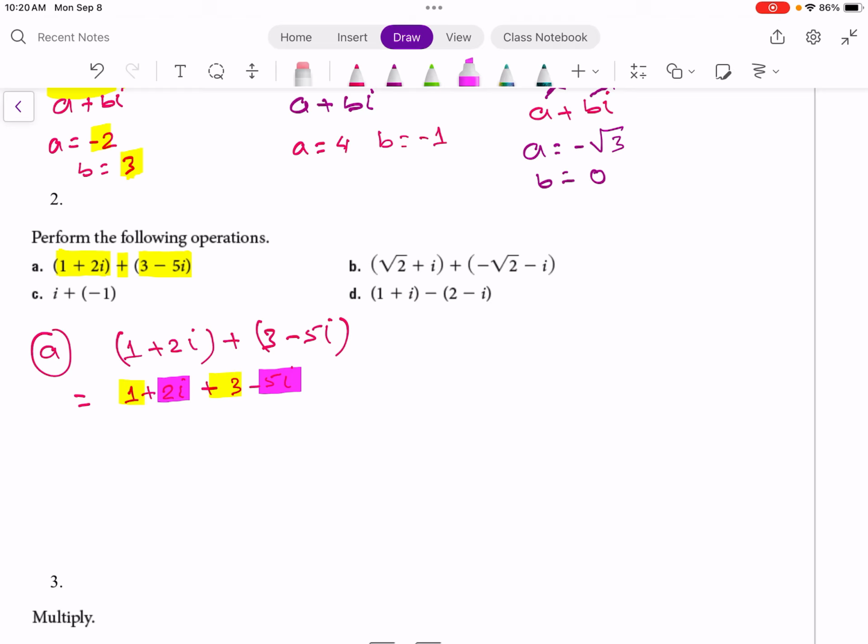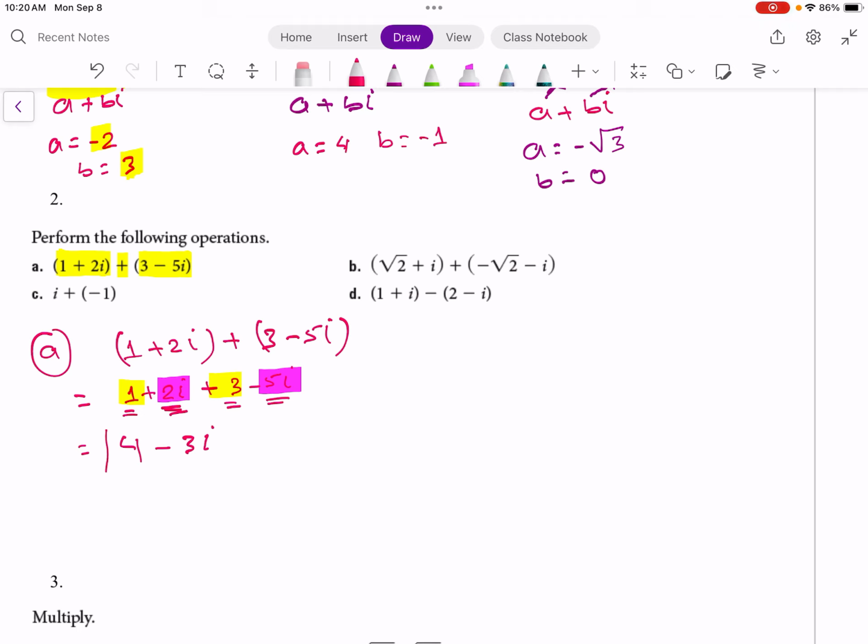So every time you are adding or subtracting complex numbers, we add the real parts together and the imaginary parts together. 1 plus 3, that is 4. Positive 2 minus 5, that is negative 3i.